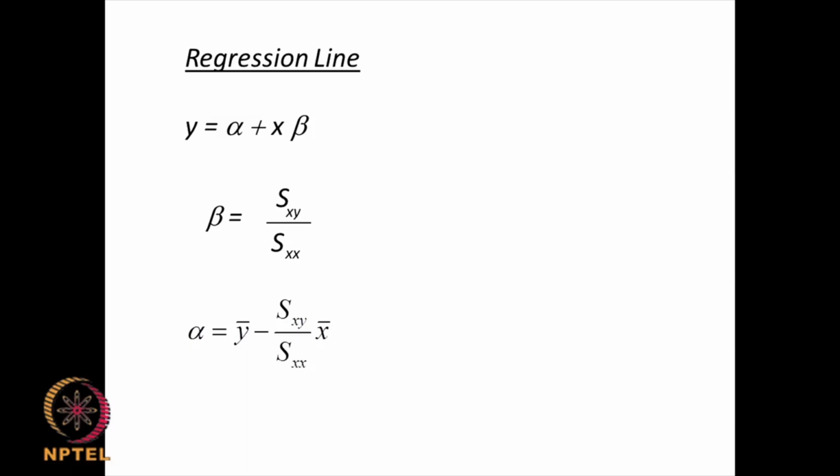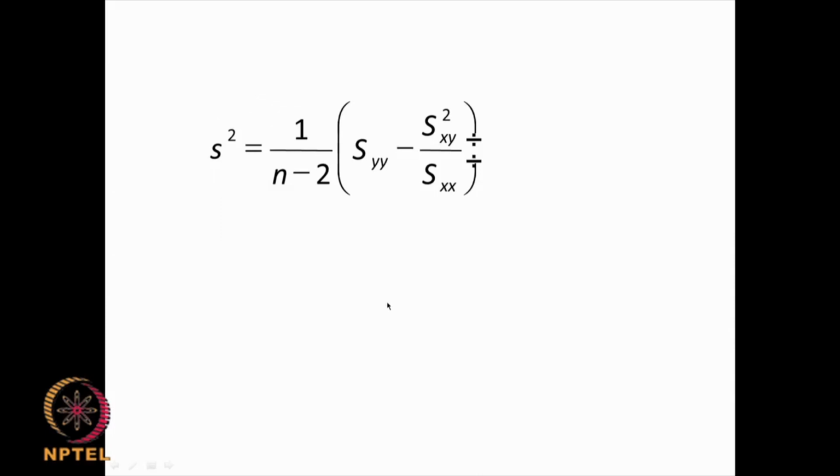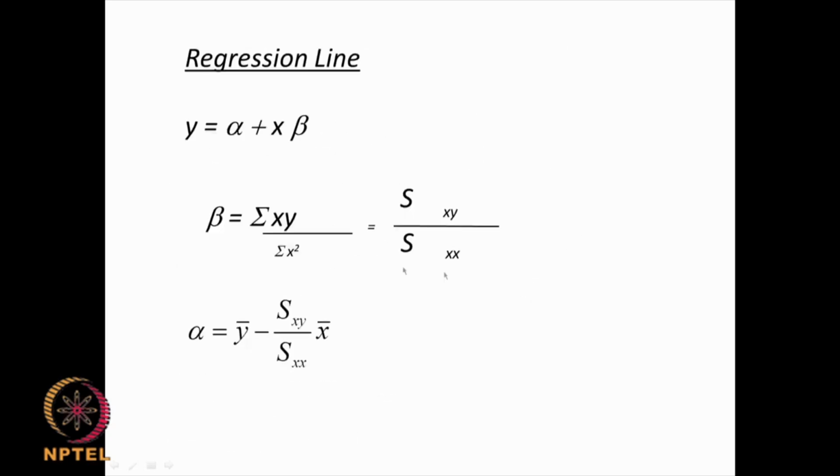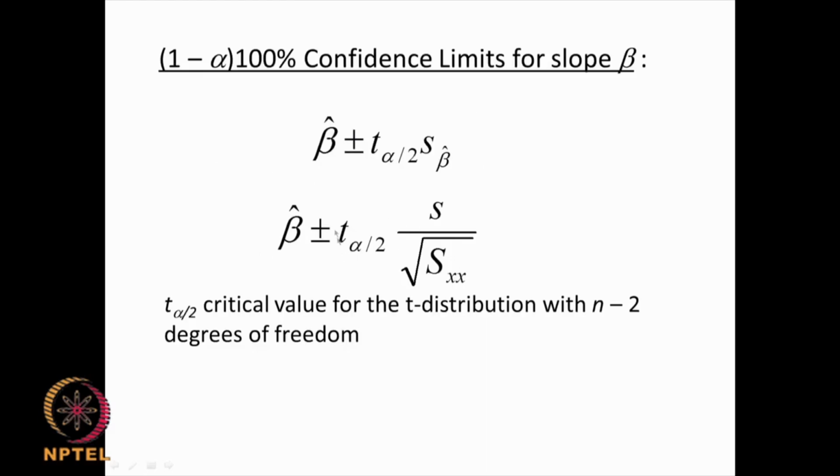Of course alpha and beta will then have a region of confidence, because it is not a single value. So the confidence limit for the slope, this is your slope Sxy by Sxx, has a confidence limit of plus or minus t alpha by 2, s divided by square root of Sxx, with n minus 2 degrees of freedom.